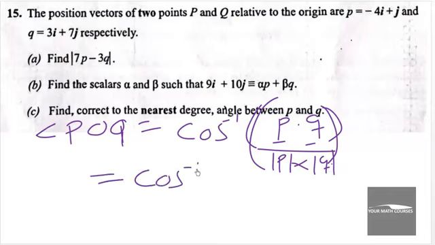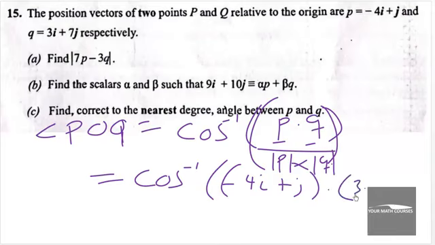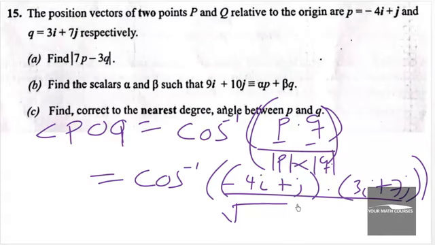This will be equal to cos inverse of P dot Q, we have negative 4i plus j dot 3i plus 7j, all over the magnitude of P times the magnitude of Q.